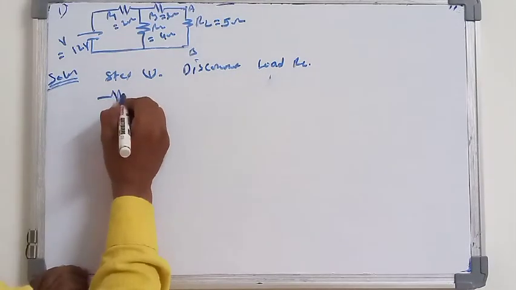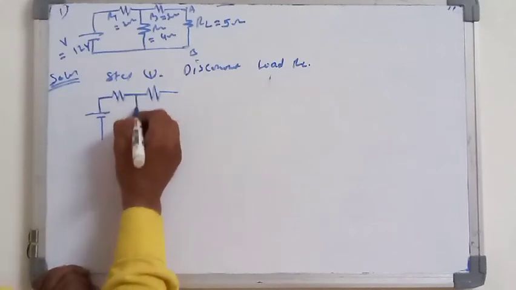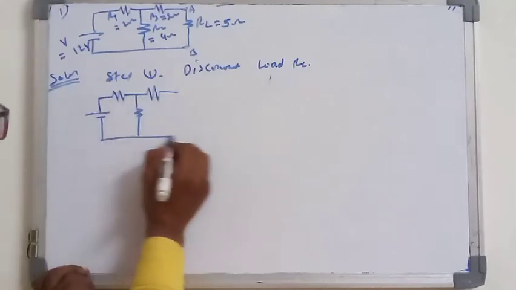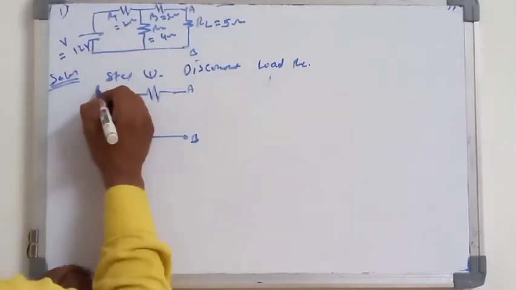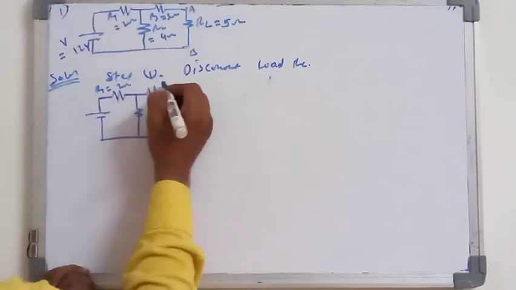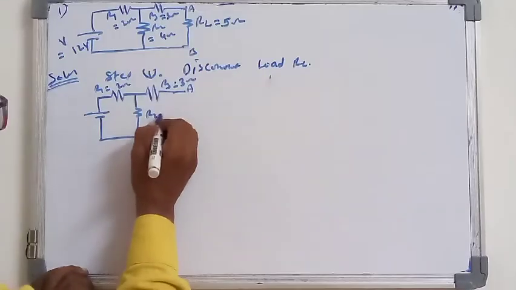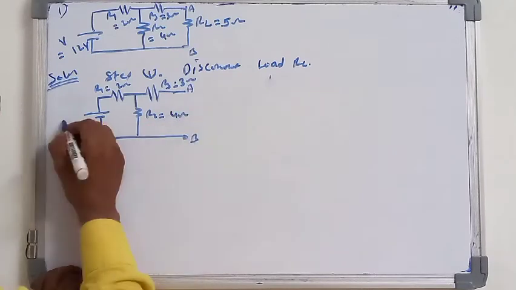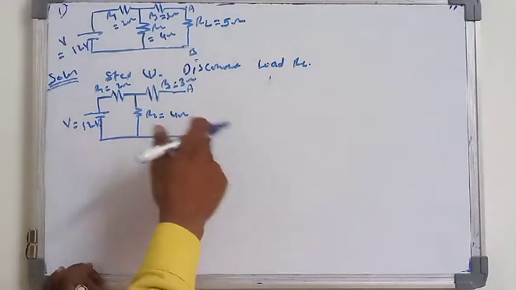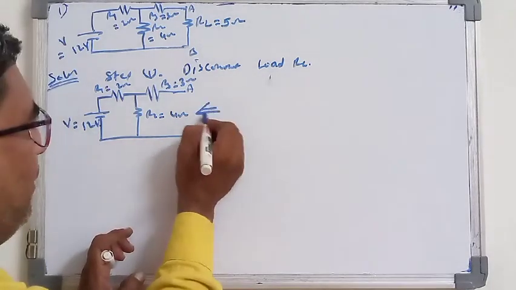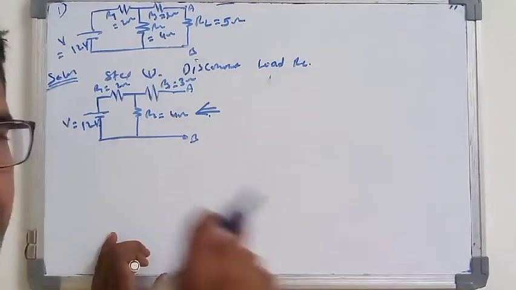Here you will redraw the circuit like this, with the A terminal and B terminal. R1 has the value 2 ohms, R3 is 3 ohms, R2 is 4 ohms, and the voltage value is 12 volt.